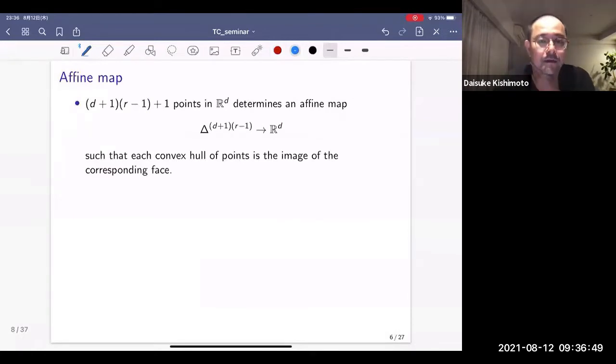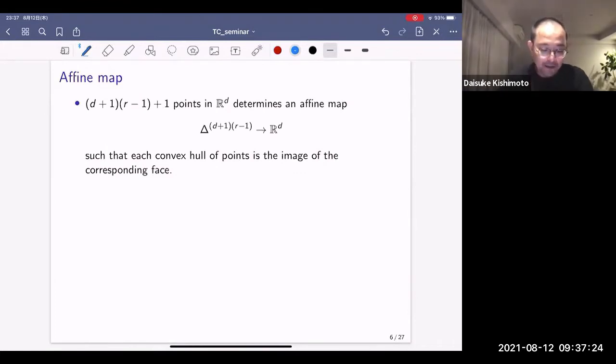Right. So to this end, let's consider an affine map. I mean, if you have (d plus 1) times (r minus 1) plus 1 points in R^d, then you can get an affine map from the (d plus 1) times (r minus 1) simplex into R^d, such that each convex hull of points is the image of the corresponding face.